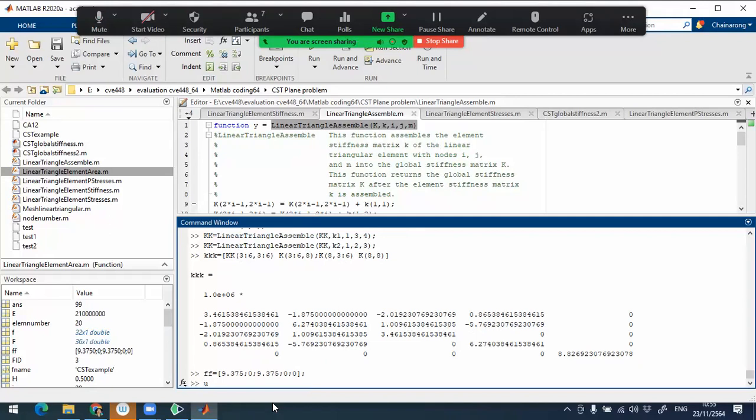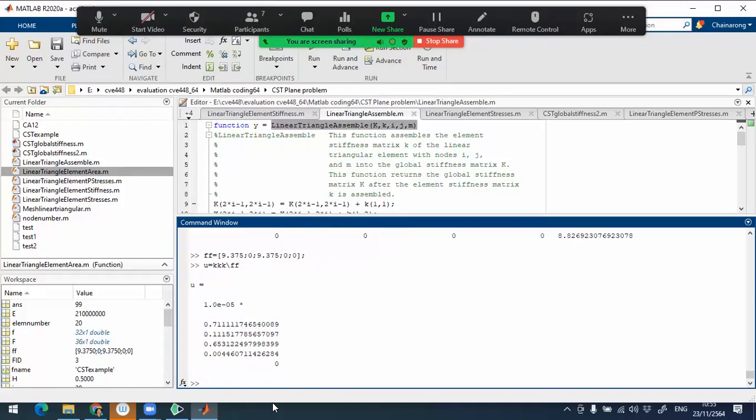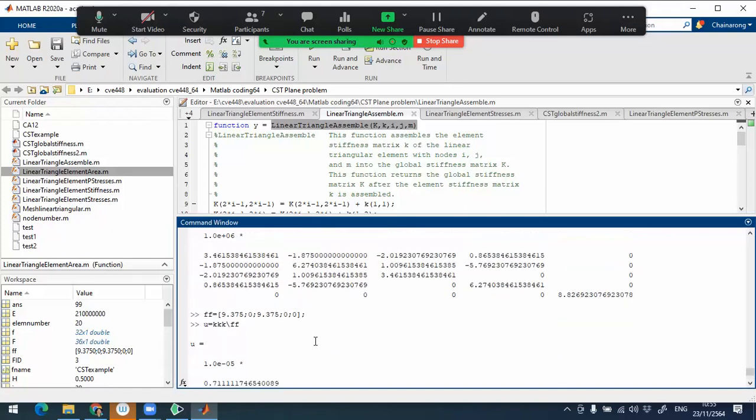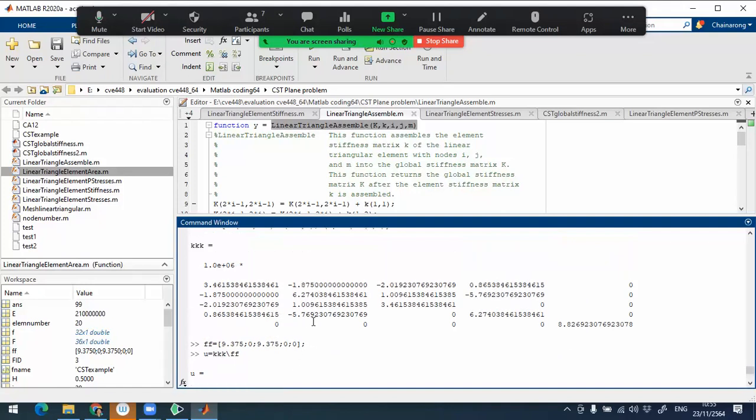And we find displacement is equal to K, FF. Oh, sorry, there should be some mistake. I go faster, so please allow me to check.